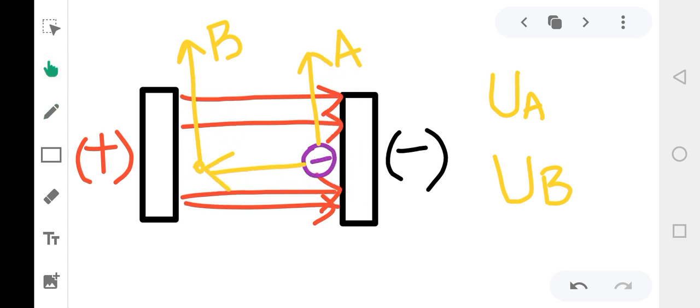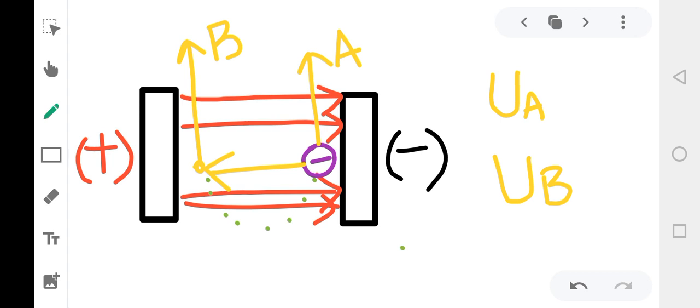Now listen to this answer very carefully. I am moving this negative charge towards the positive plate. So what will happen? Because the negative charge will automatically move towards the positive plate, the positive plate will attract this negative charge.